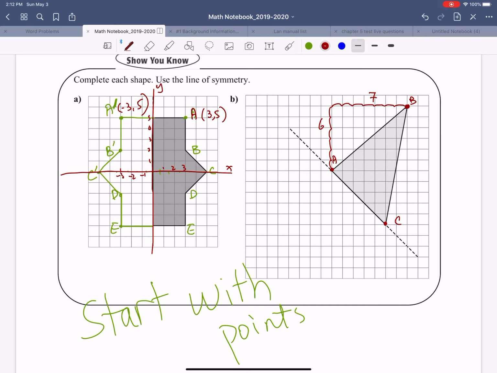For the other side, since you went up, now this time you're going down 6. 1, 2, 3, 4, 5, 6. Okay, and you went right, so this time you go left 7. 1, 2, 3, 4, 5, 6, 7. Okay, that's my second B there, and then you connect the lines.